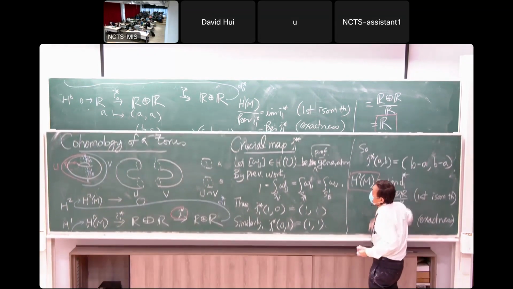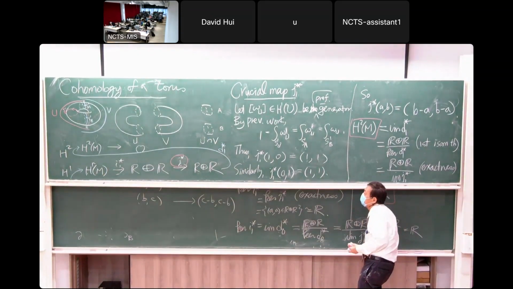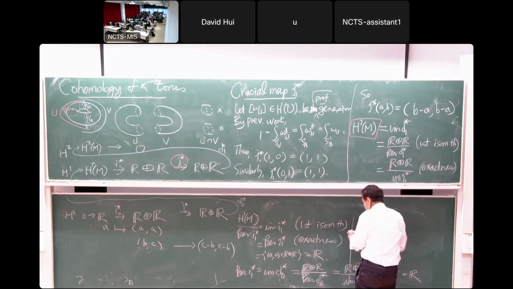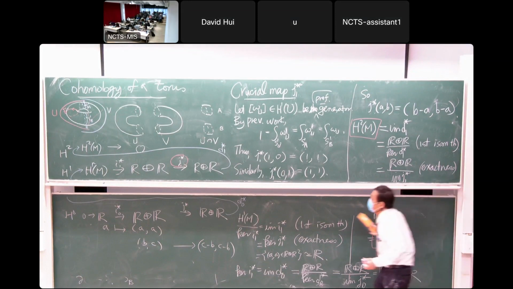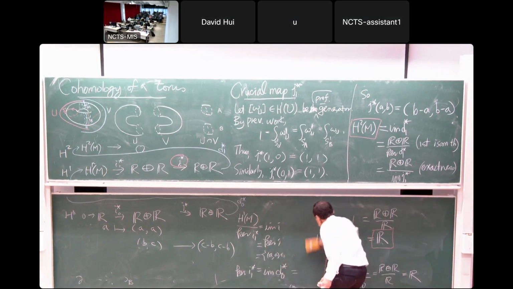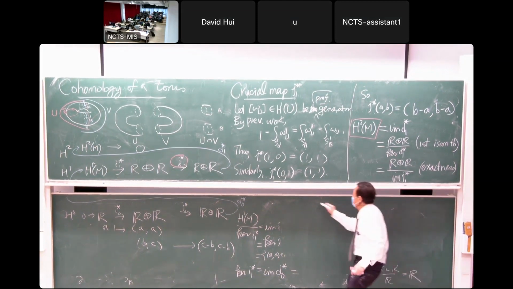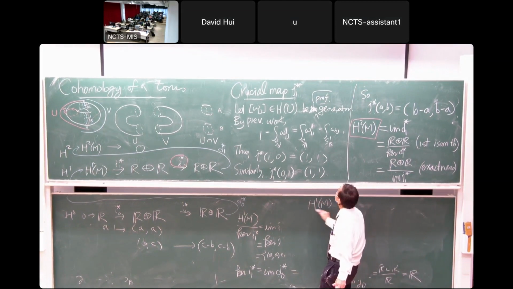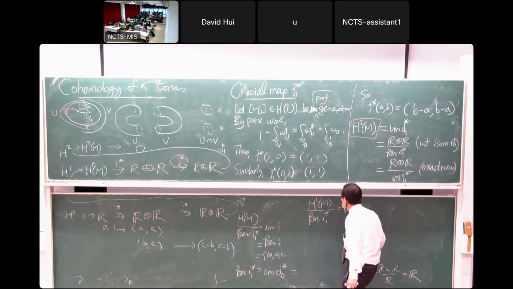And now we can write down H1 of M. So we know that H1 of M over the kernel of I1 star is R. That's what we had before.